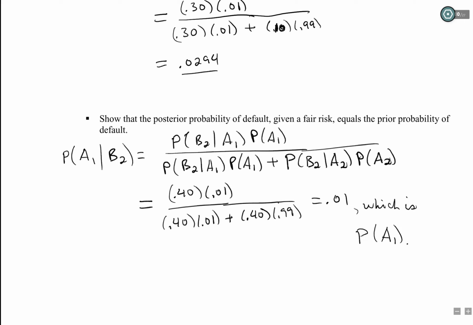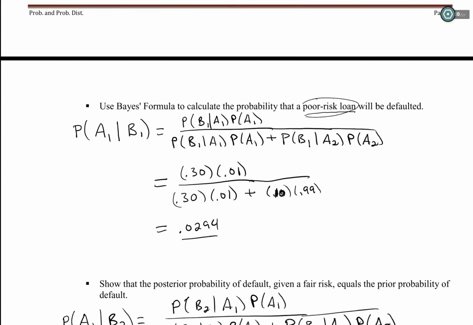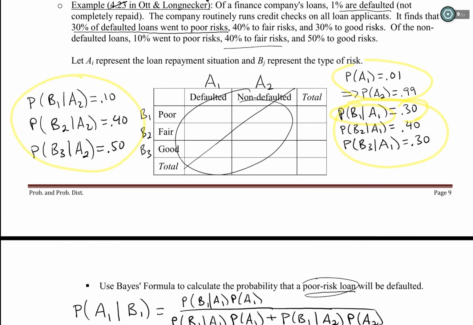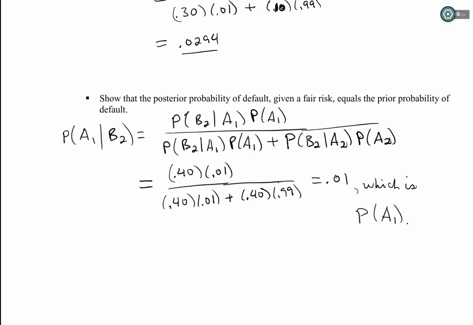It's saying that if somebody is a fair risk, that has no bearing on the chance of that person defaulting on the loan. So A1 and B2 are independent events. Why is that the case? If you look back at the problem, P of B2 given A2 and P of B2 given A1 are both 0.40, and that's what's driving this posterior to be the same as the prior probability.